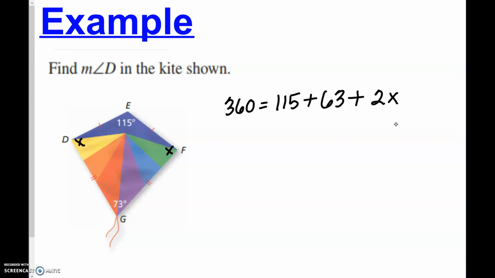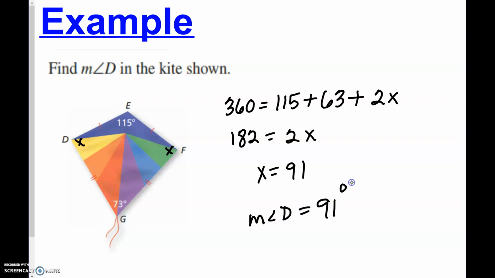All right, let's take 360 and subtract 115 and subtract 63, and I get 182 equals 2x. Now when I divide by 2, I get x to be 91. So the measure of angle D is 91 degrees.